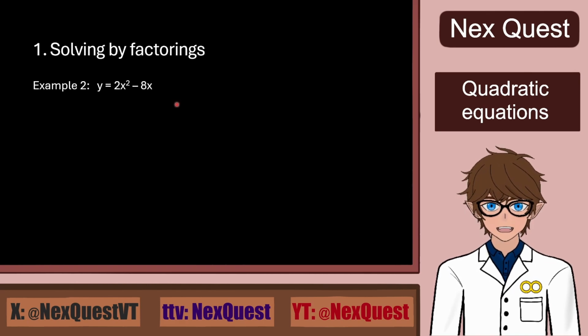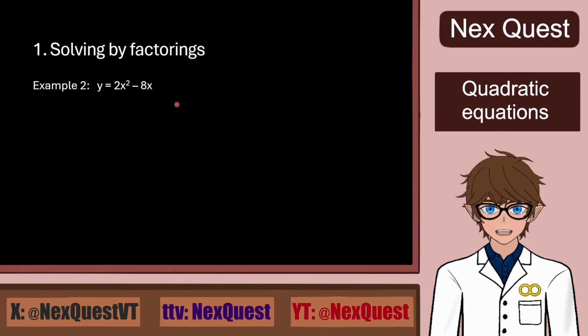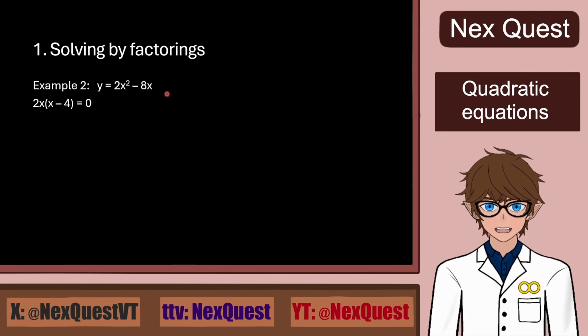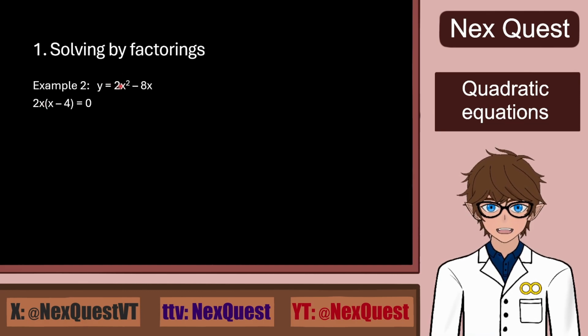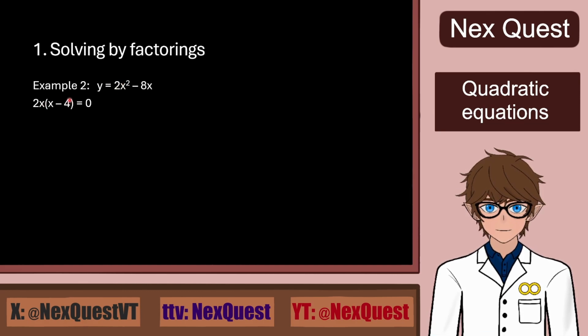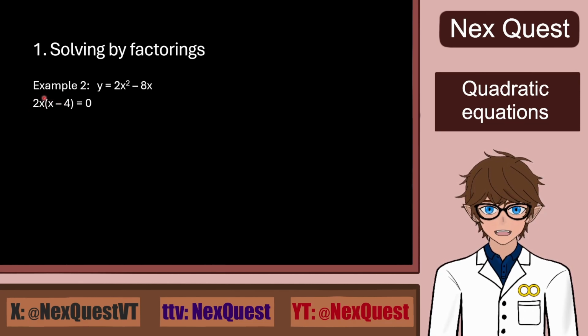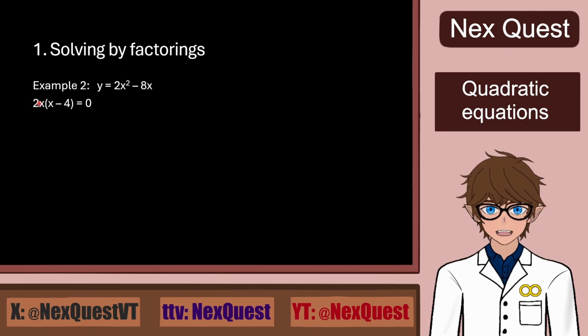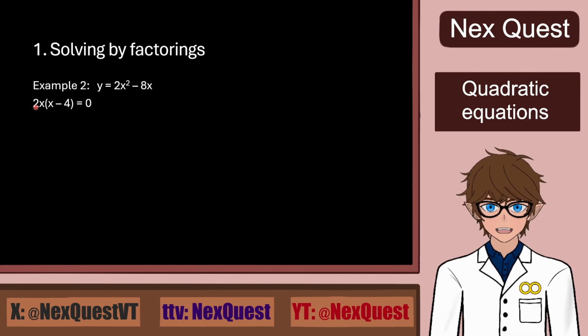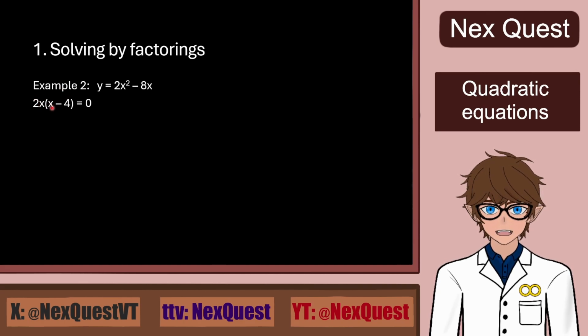Then we have an example like number 2, where we have 2x squared minus 8x, and we're missing the c. What do we do? Well, we don't worry, because we just take out the greatest common divisor, so 2x. We're left with x minus 4. And this can also be treated as a separate bracket, so one of the zeros would be 0, because if we put 0 here, it cancels out no matter what the bracket is.